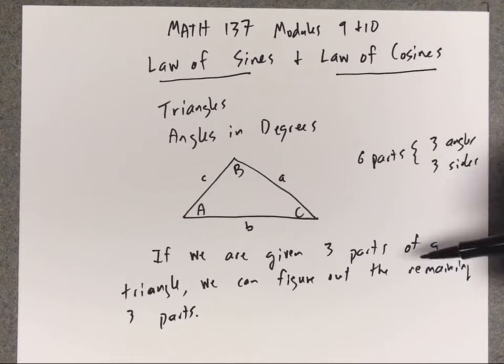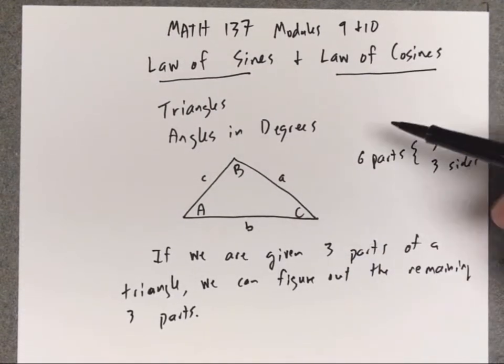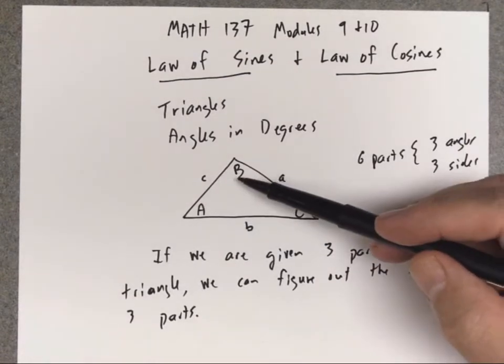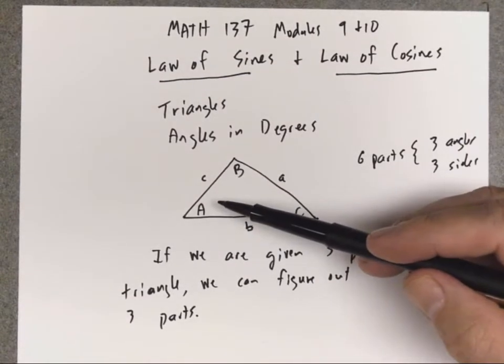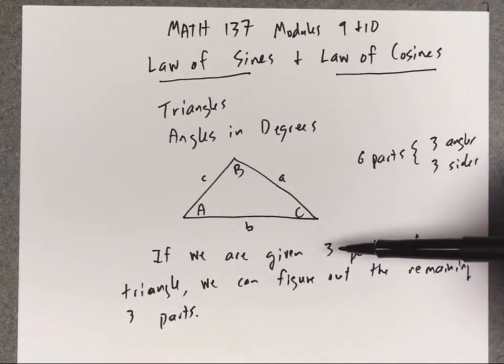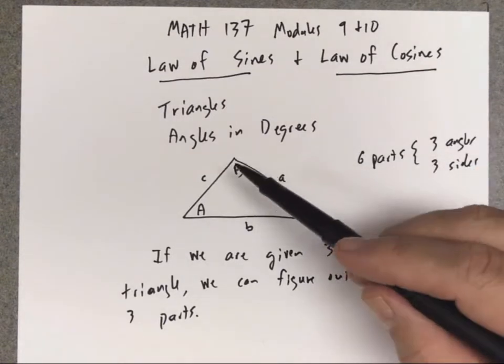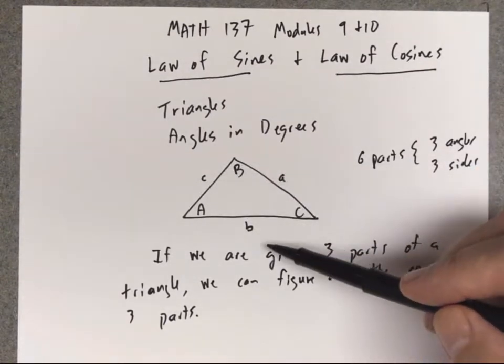In other words, there are 6 parts of a triangle, and if you're given 3 pieces of information, say you're given 2 angles and the length of one side, we can use these laws to figure out the other parts of the triangle. Say you're given the lengths of the three sides of a triangle.